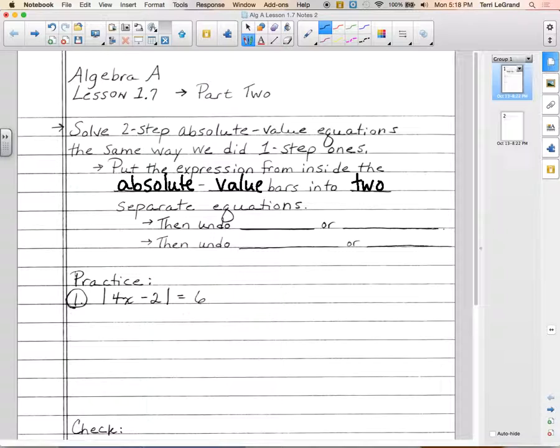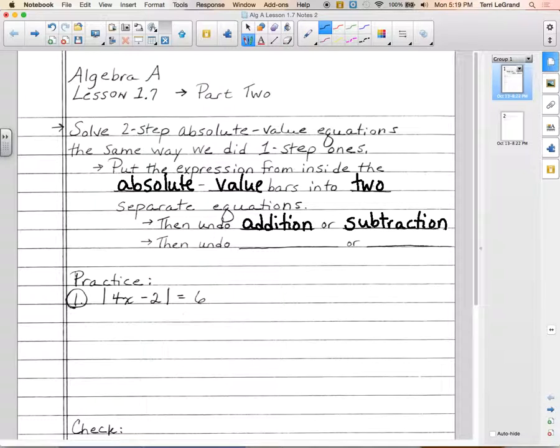So we're going to do ones today that will have two cases. Okay? So the first thing that we're going to undo, just like when we were solving two-step equations before, undo the addition or subtraction first. So then undo addition or subtraction, whichever one needs to be undone to get the variable part alone.